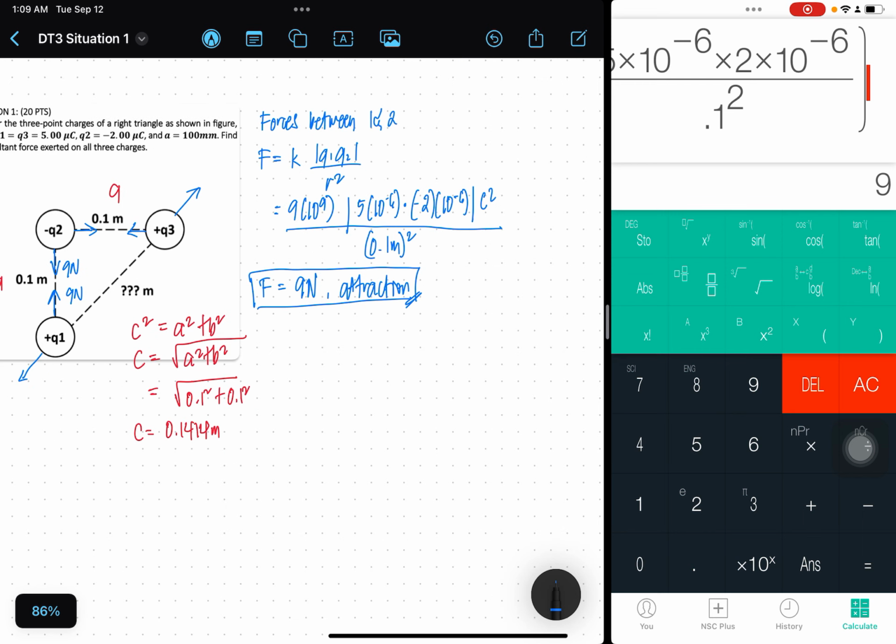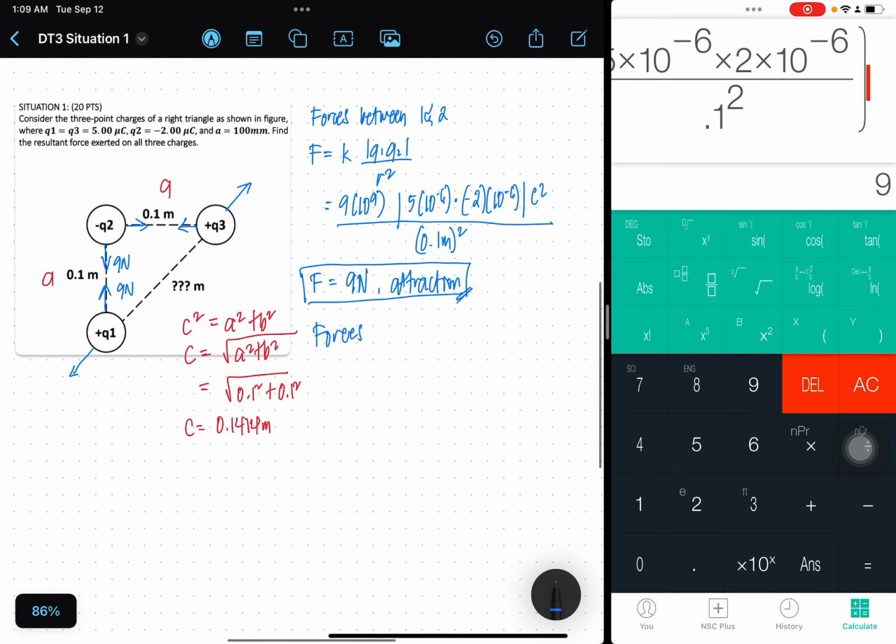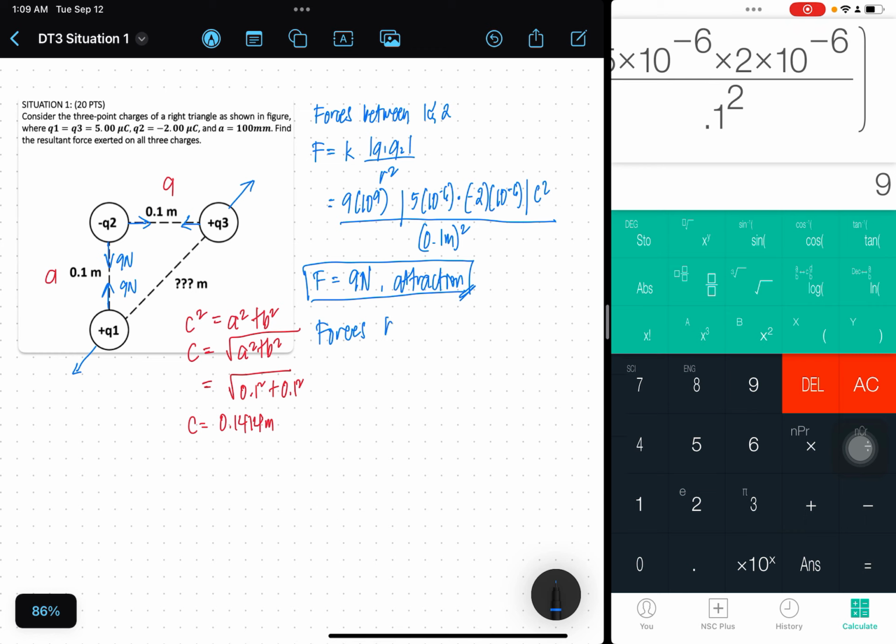My tip: please get all the forces first. Next, the forces between 1 and 3. Here we look at the forces acting.